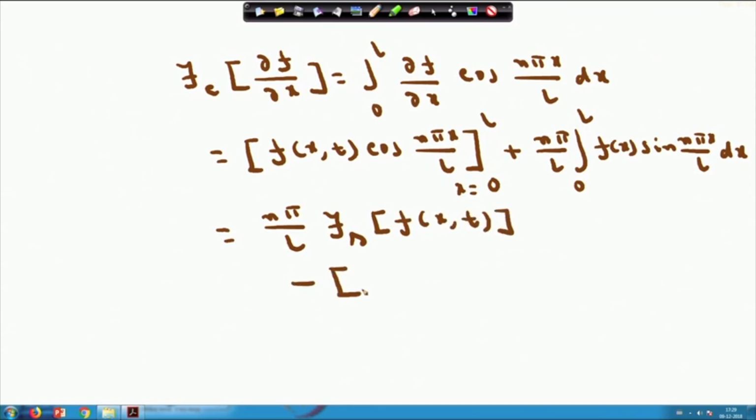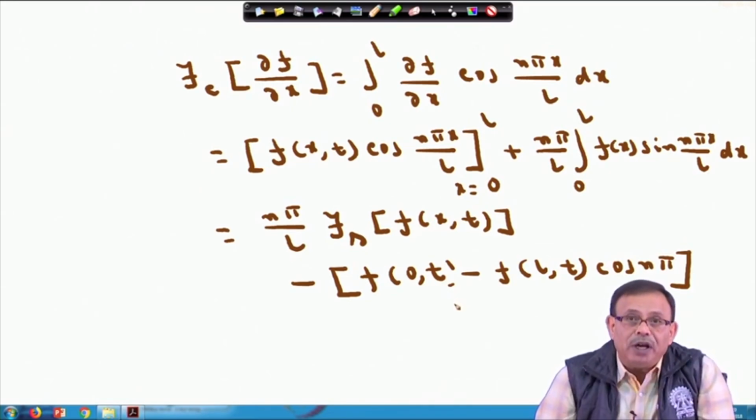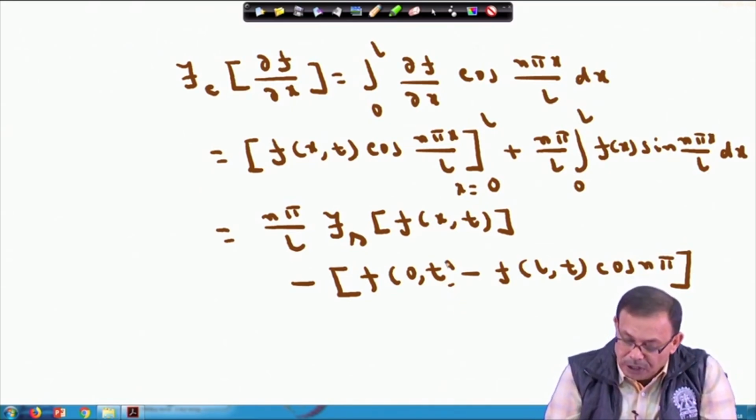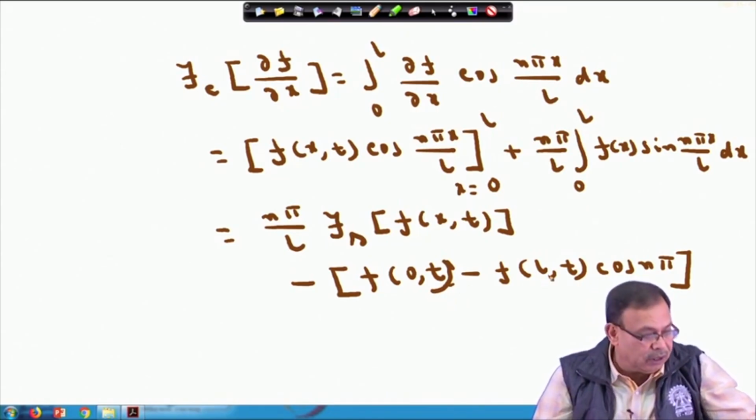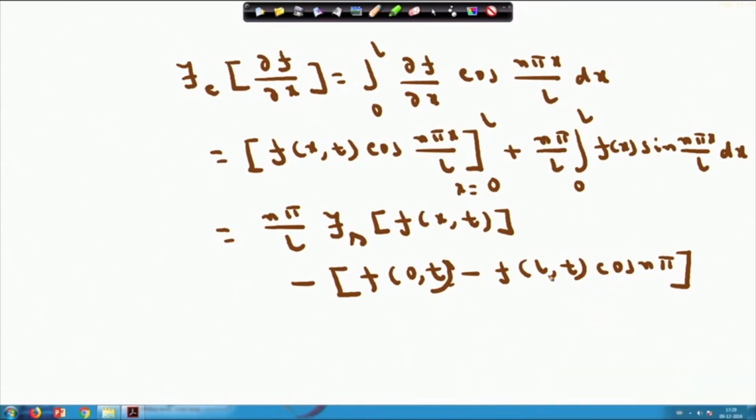minus, if I put the lower limit, f of 0 t, this cosine part is 1. So, f of 0 t minus f of L t into cos n pi. I will come to this: whenever I want to use the finite Fourier cosine transform, I need to know the values of f of 0 t and f of L t, otherwise I cannot evaluate this.